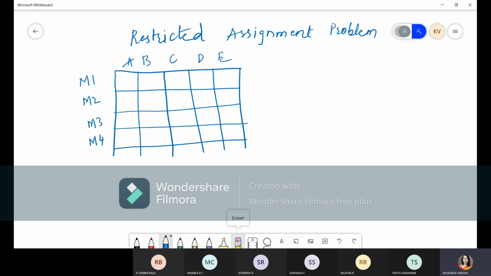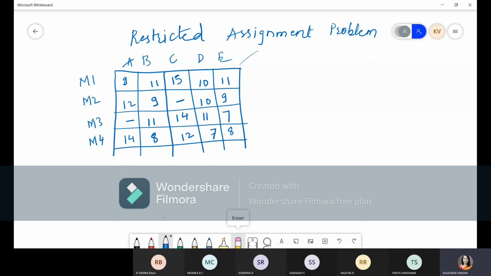We have the values given as 9, 11, 15, 10, 11, then 12, 9, dash, 10, 9, again a dash, 11, 14, 11, 7, and the last row is 14, 8, 12, 7 and 8.